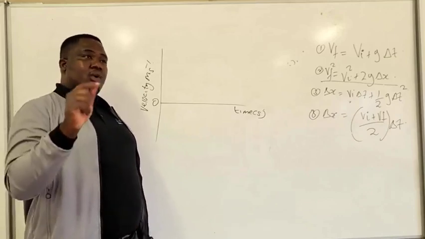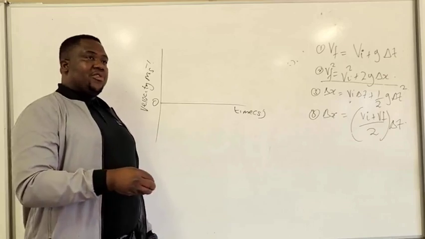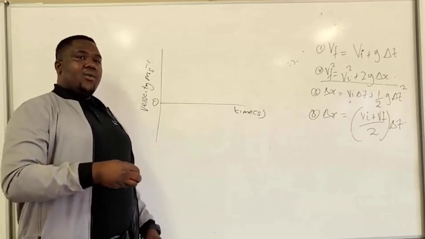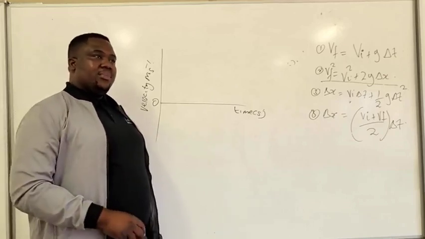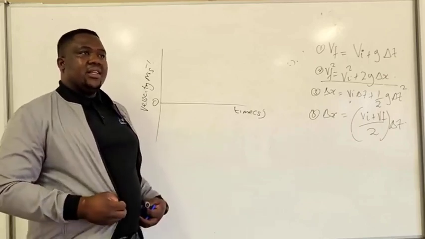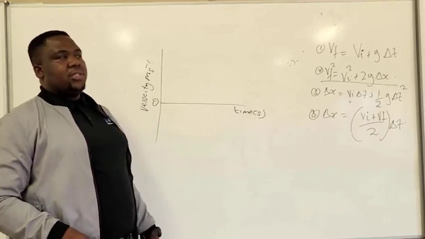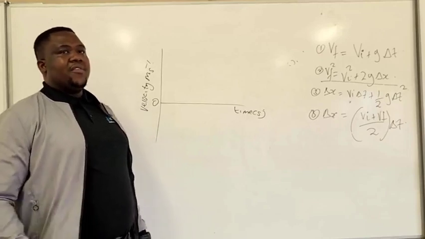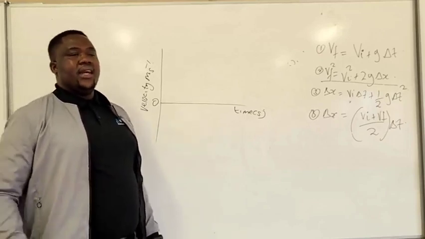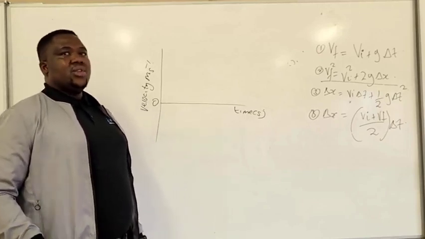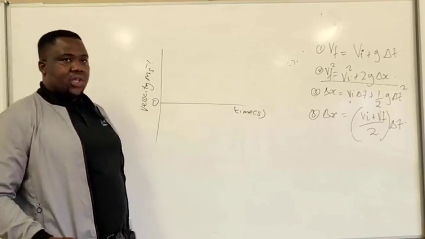But the line that you are going to draw must be moving away from the x-axis, because the velocity is increasing. You understand? So how are we going to draw that?